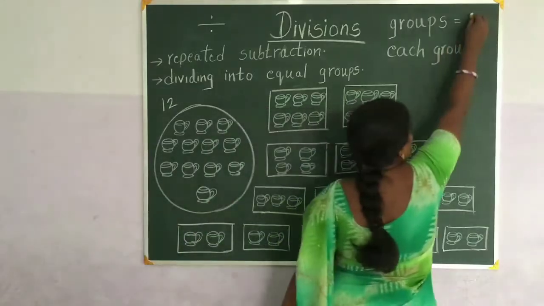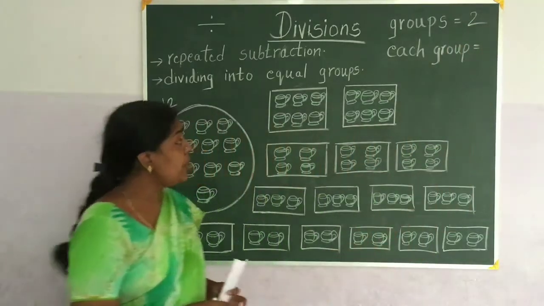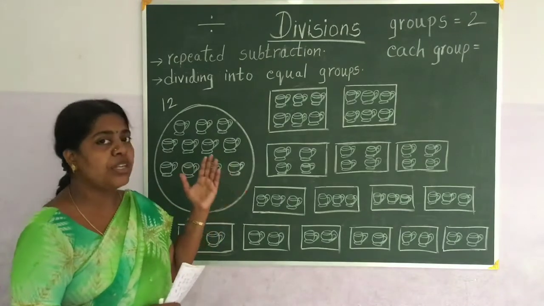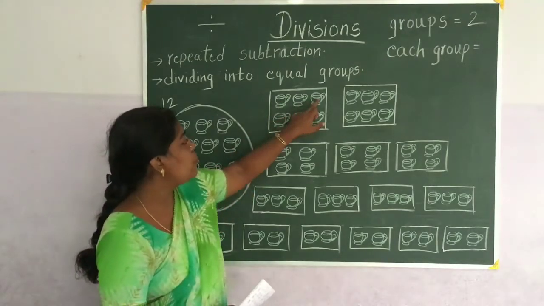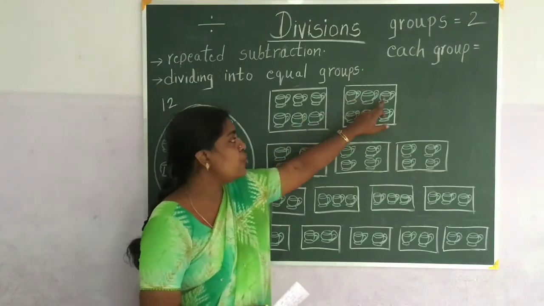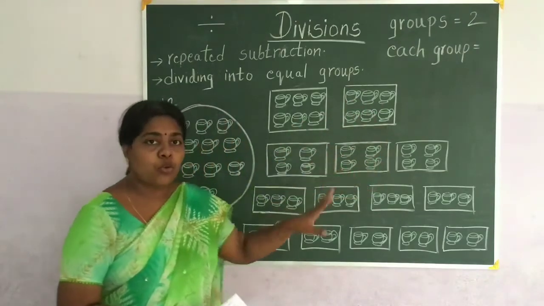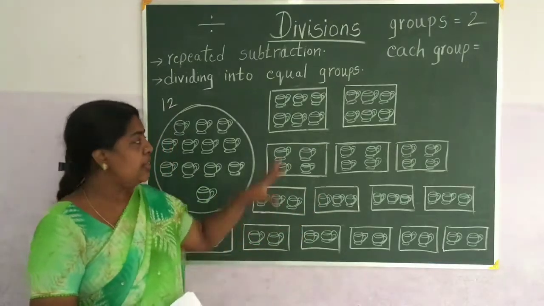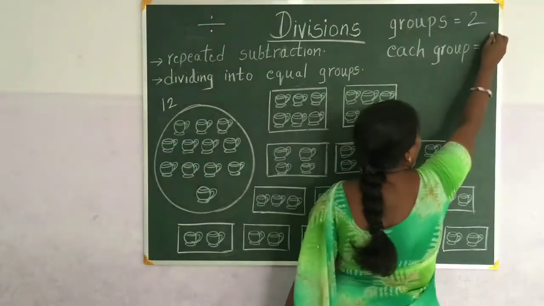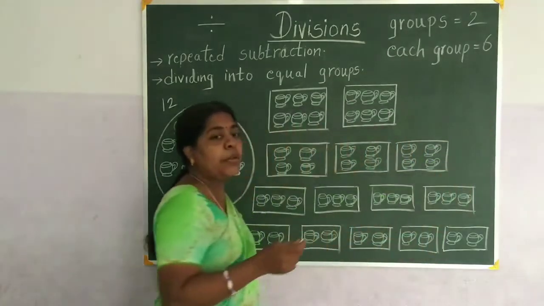The number of groups is 2. Now count the cups in each group. 1, 2, 3, 4, 5, 6. In this group also 1, 2, 3, 4, 5, 6. So they are divided equally. In this group 6, in this group 6. So in each group we are having 6.